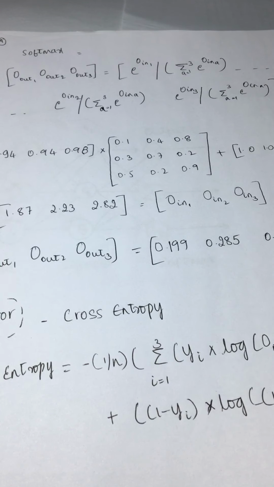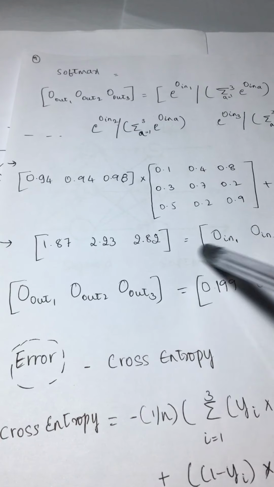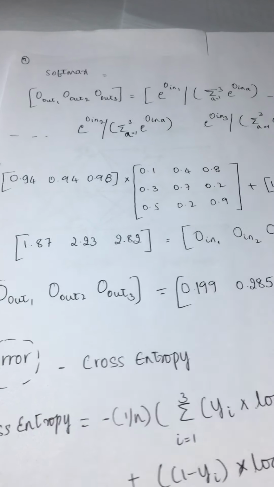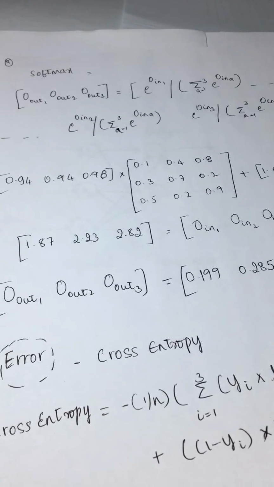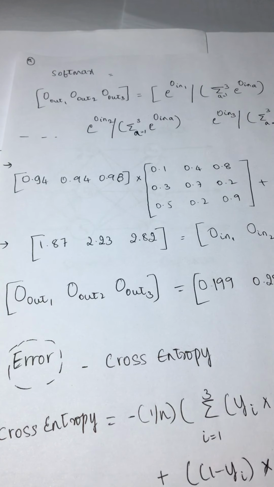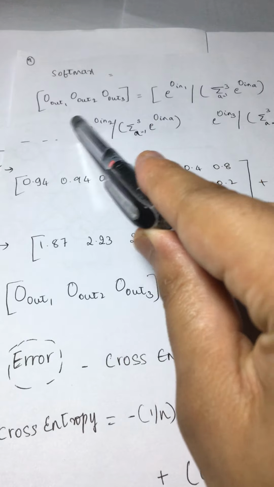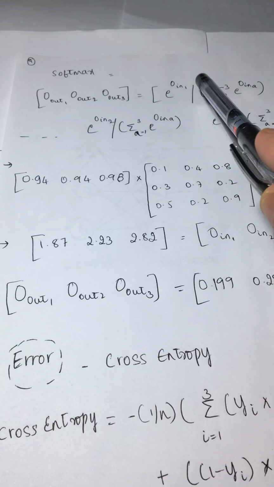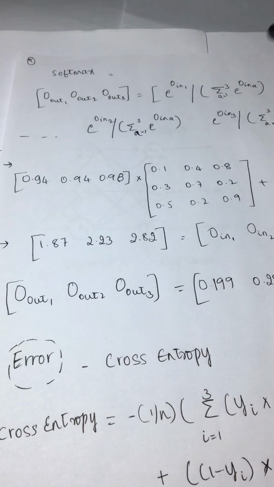So finally, this is your inputs. Now what you do is pass it through your softmax function. Suppose you have 3 values, correct? You take the exponential of the first one divided by the sum of everything.